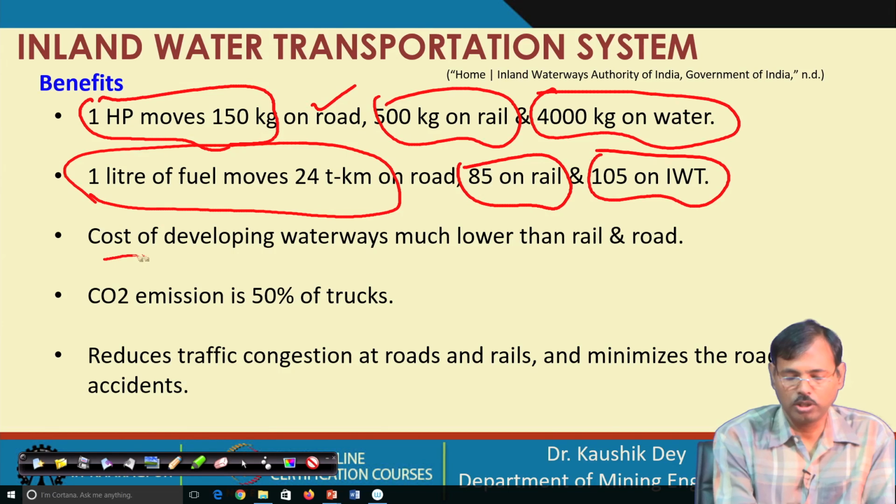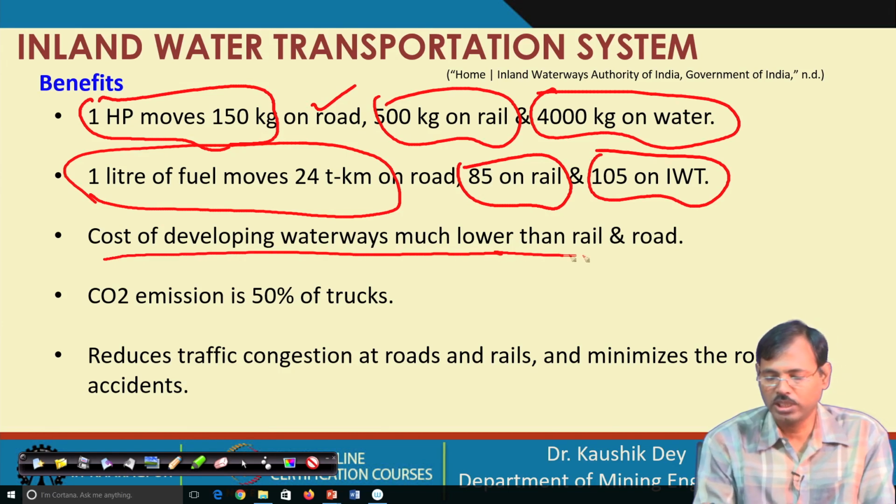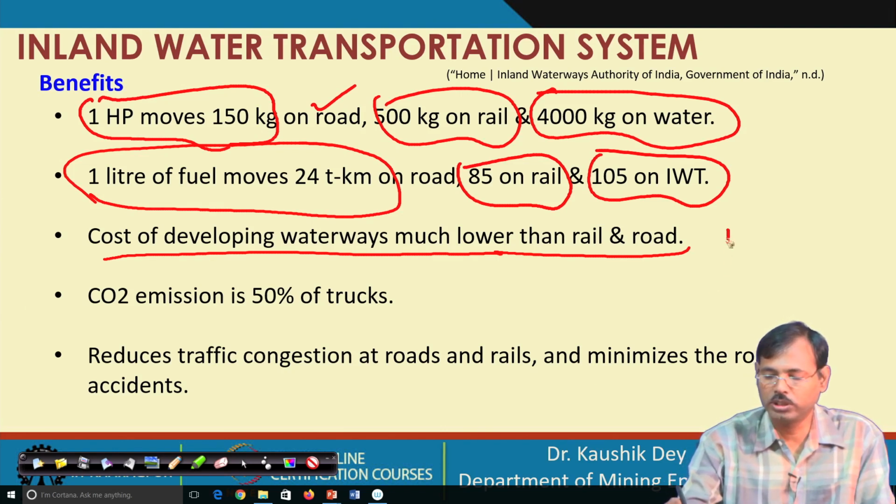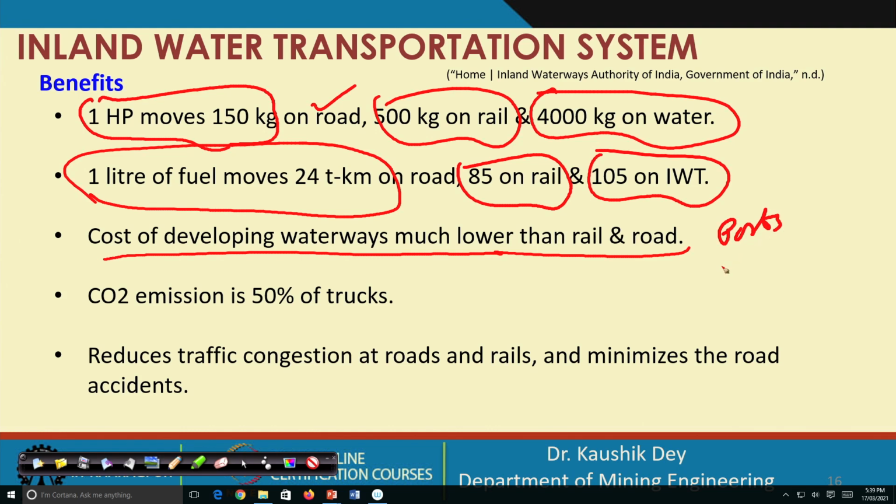The cost of developing waterways is much lower than rail and road, because you do not have any construction cost; only the ports and loading unloading systems have to be developed.